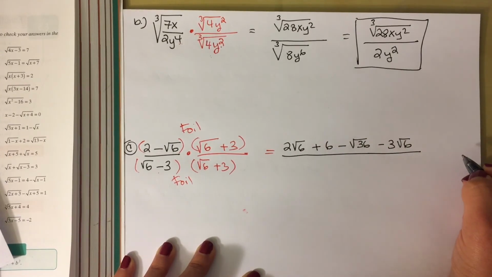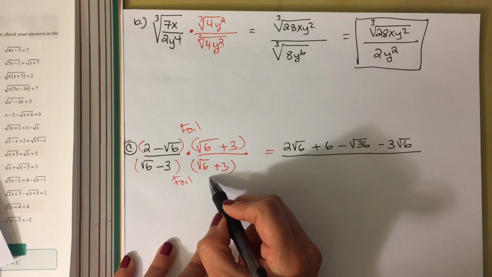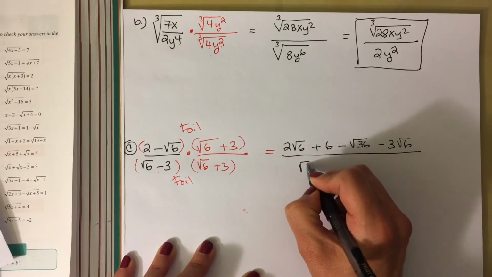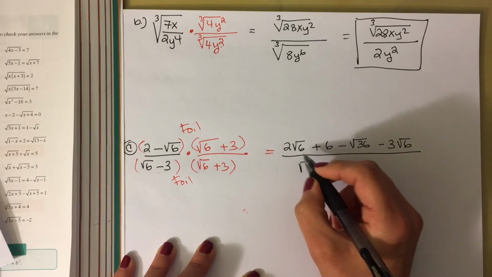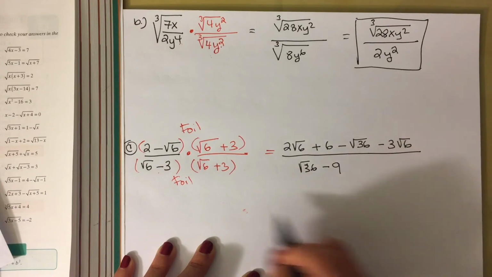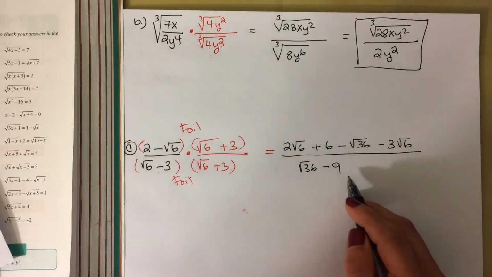FOIL in the denominator and things will actually simplify nicely. If you FOIL this out, the 2 middle terms go away, and so we're really just left with square root of 36 minus 9. When you FOIL this out, we're just left with the first and the last term.